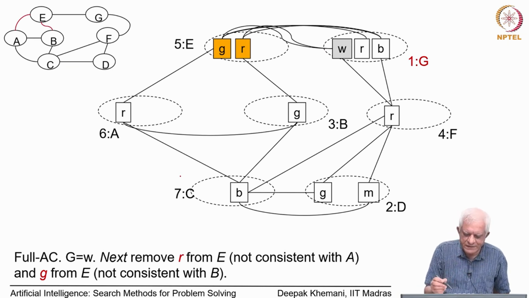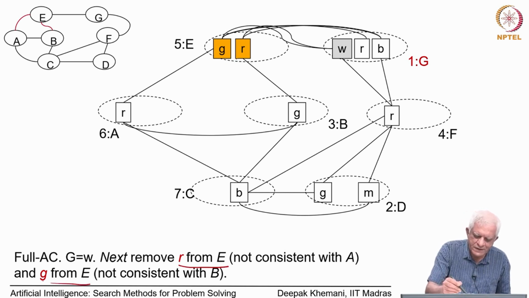and at this point, we are still doing AC. Next we will remove R from E and G from E. Why will we remove R from E?